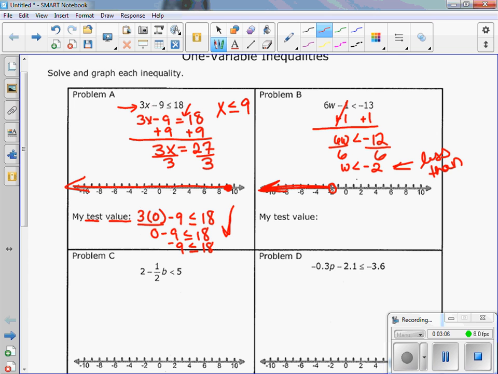Now for my test value, 0 is not in my solution set, so I actually have to choose something else. I'm just going to pick, say, negative 4. So 6 times negative 4 minus 1 is less than negative 13. 6 times negative 4 is negative 24. I'm running out of room. Let me rewrite real quick.